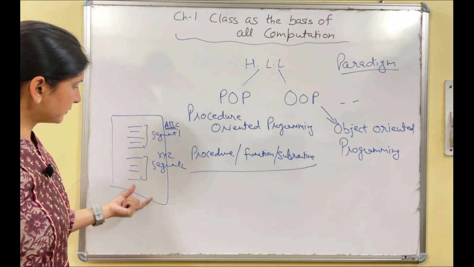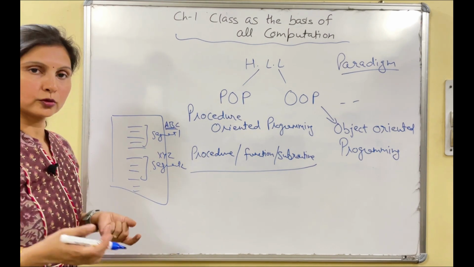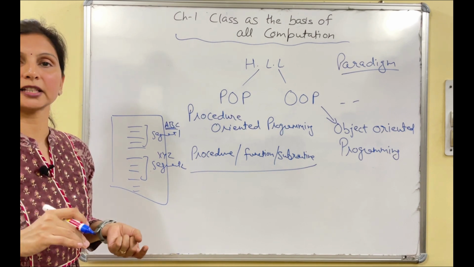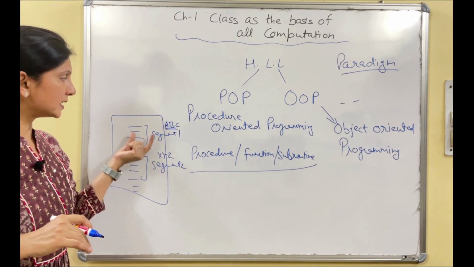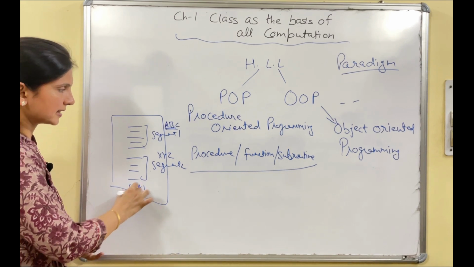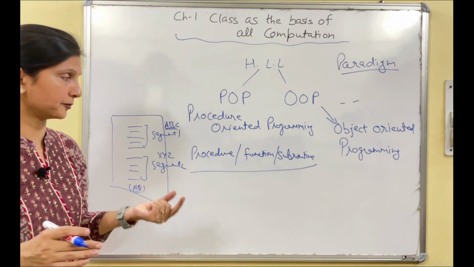So in a program, further, if you want to use the same statements to check whether a number is prime or not, you don't have to repeat the statements. We can call these statements by ABC only, by the segment name or function name or procedure name, all are the same, fine.